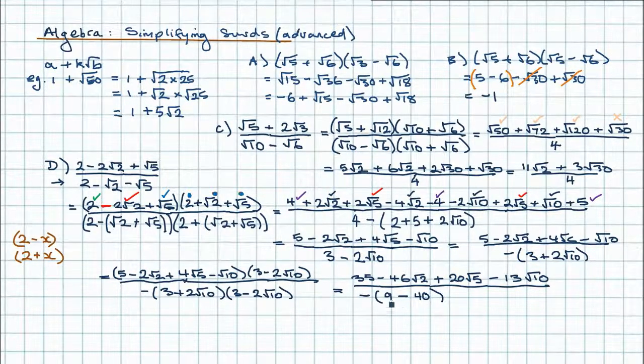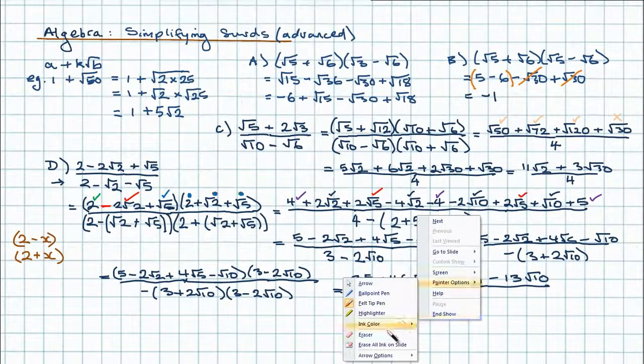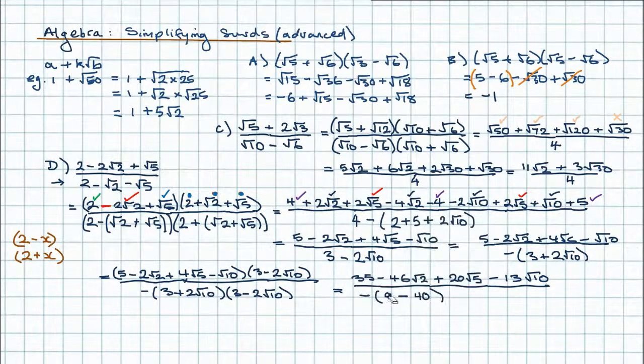Okay, now finally what we can do is just sort this out. So if we've got minus 9, let's rewrite it actually. So we've got final line 35 minus our 46 root 2's plus our 20 root 5's minus our 13 root 10's there.